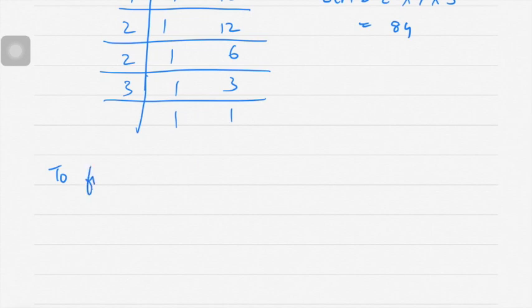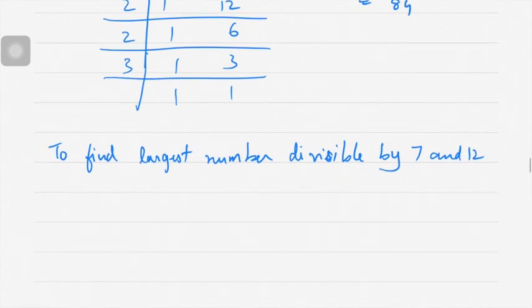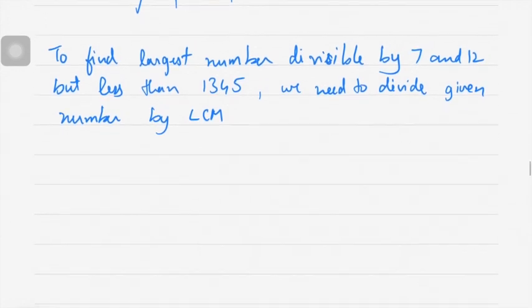Correct? Okay. Now write down: to find the largest number divisible by 7 and 12 but less than 1345, we need to divide the given number by the LCM.